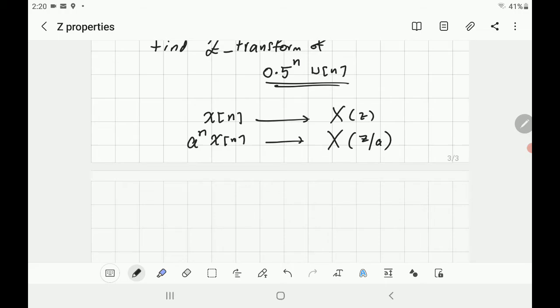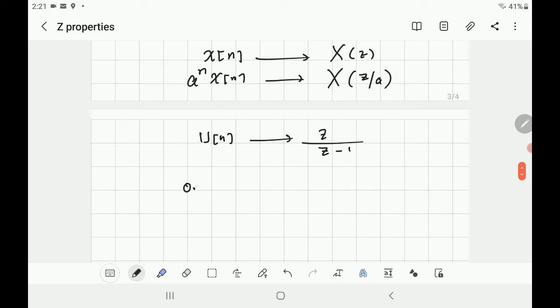Well, let's do our example now. u of n, we know its z-transform is equal to z over z minus 1. If you want to multiply it by 0.5 to the n, u of n, you are going to divide every z by 0.5.